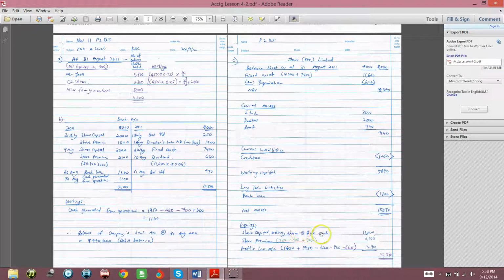Share capital, ordinary shares of $1 each, all these figures are in 000s. Okay, share premium. How much is the share premium? Share premium 1,000 plus 2,001, that is 3,001. Now let's take a look at this here.